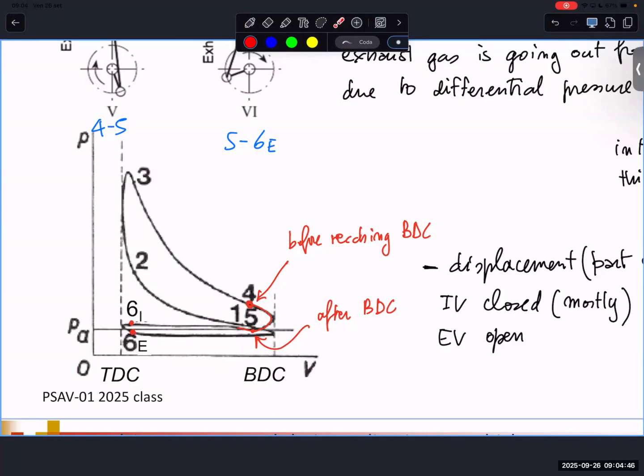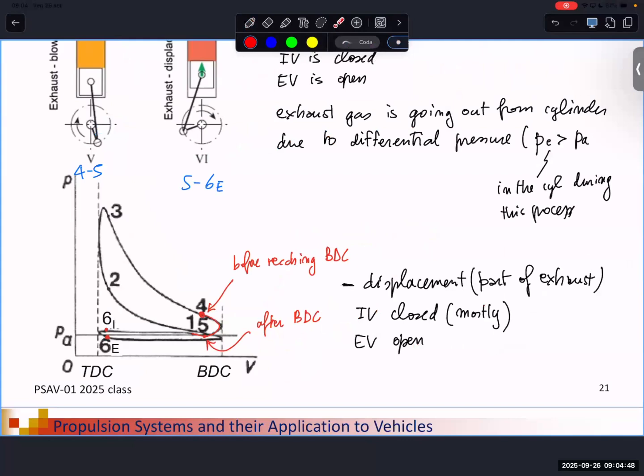What is the difference between blowdown and displacement? Here, the exhaust gas is not going out due to differential pressure, but the piston is pushing out the exhaust gas.